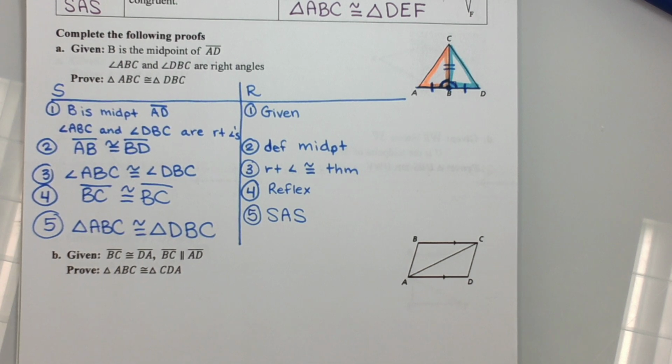The reason that a lot of people feel that the chapter 5 proofs tend to be easier is a couple of things. First off, the proofs are shorter. Most proofs are 5 steps long.